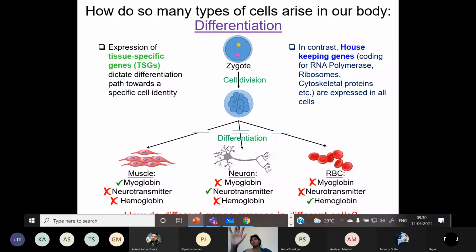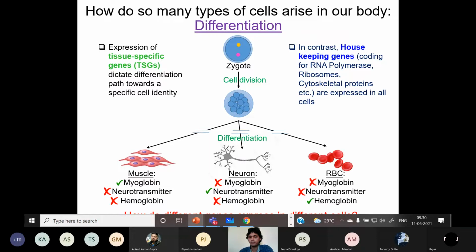Those cells need to be differentiated. Differentiated means those cells should now acquire slightly different properties so that they can give rise to different types of cell in our body.